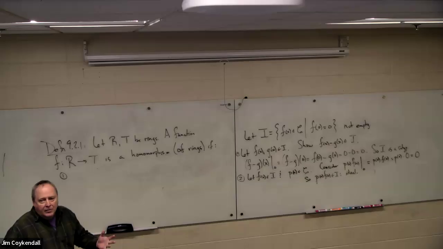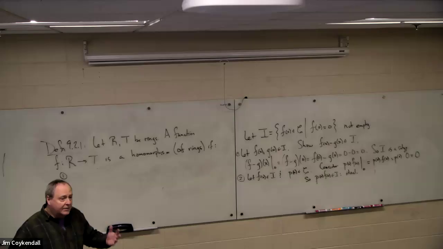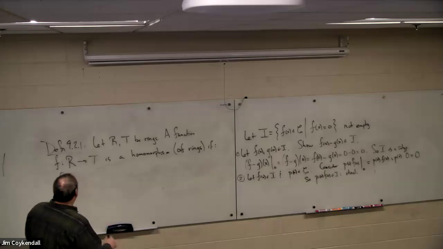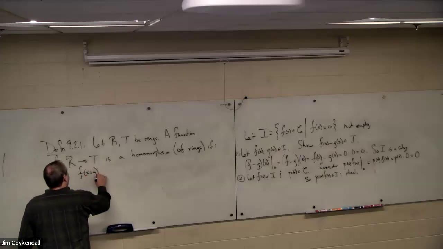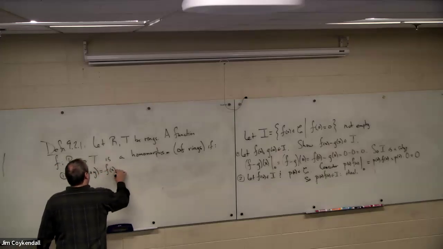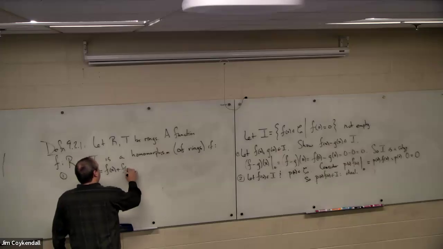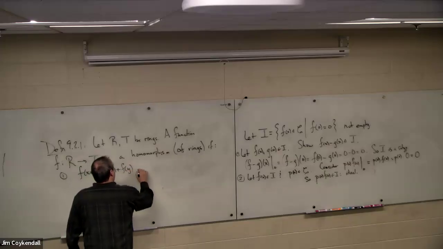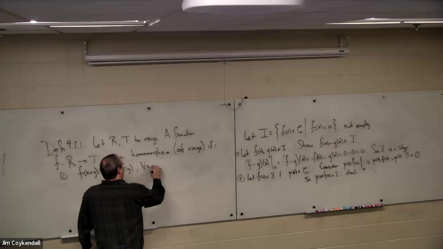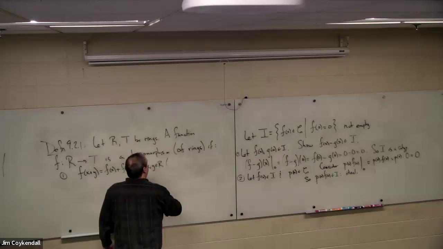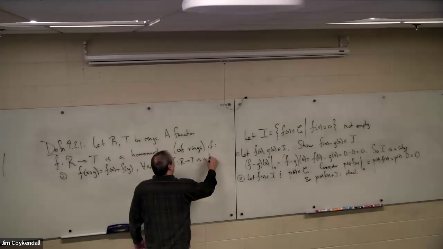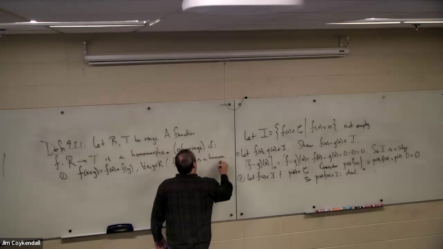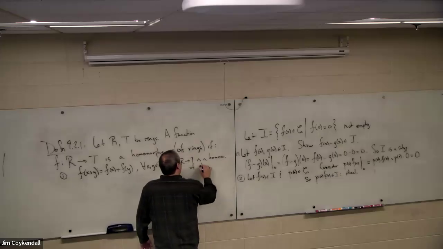So whatever this homomorphism is, should respect that. It should be a homomorphism of the underlying group. So that'll be the first thing. I'm going to write it this way. f of x plus y is f of x plus f of y, for all x, y in R. And this just means that f from R to T is a homomorphism of abelian groups.